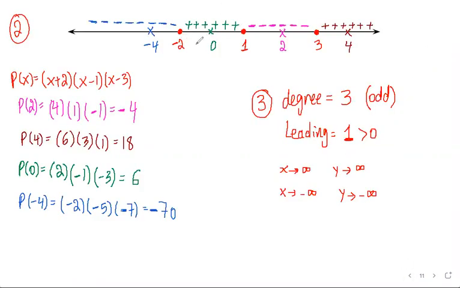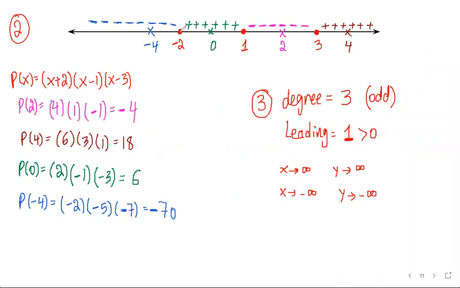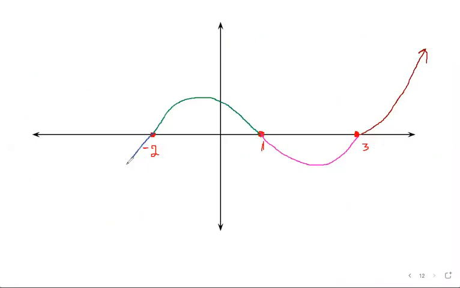Then from -2 to 1 is positive, which means above the x-axis, like this. Then from -2 to minus infinity is negative, so below the x-axis, something like that.